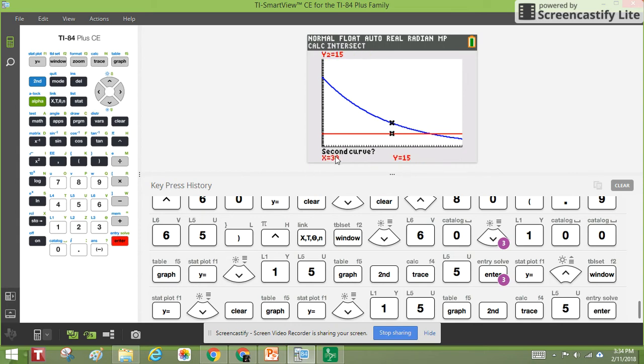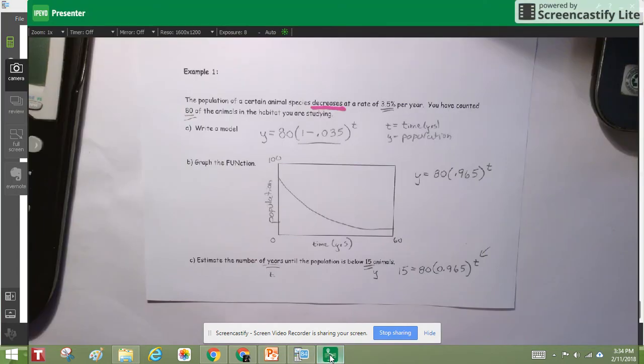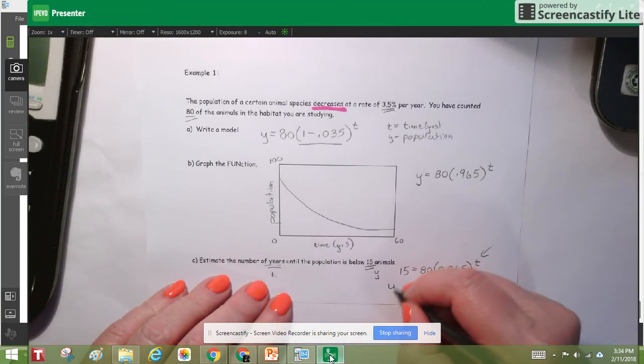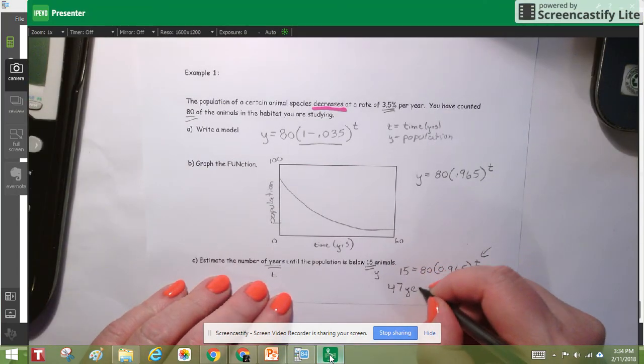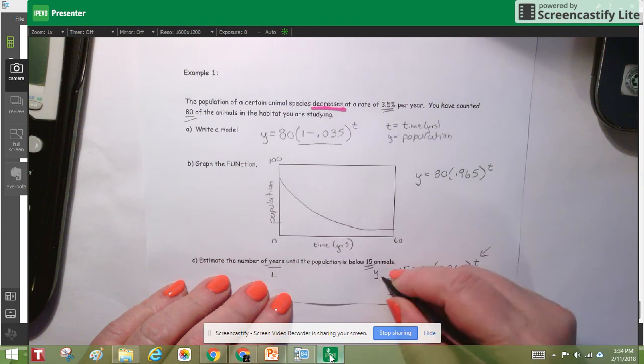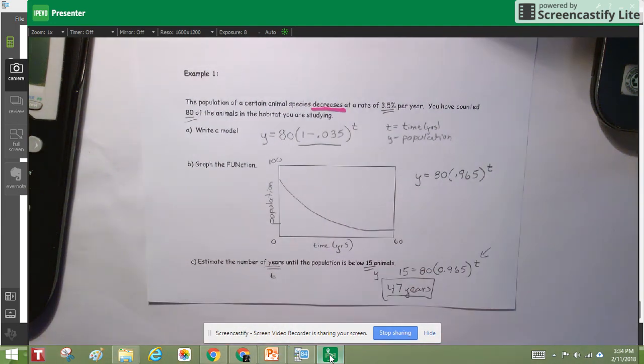It jumps down here to the second curve, so I'm going to hit enter again. It asks me to guess, so yes, of course, I'd like you to guess. I'll hit enter again. And it'll give me my answer of 46.9. So I'll just round that to 47 years. And anything after that, my population will be below 15 animals.